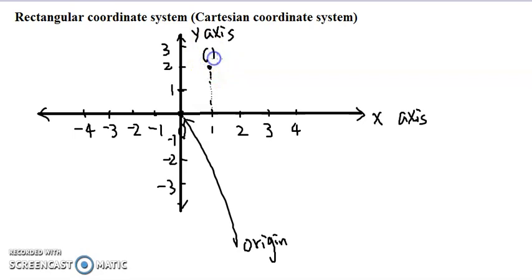And notice there is an order for this. We cannot switch them, because if you switch them, you get 2 and 1, and the first number always means the horizontal distance, the over. So this is an ordered pair, and the order does matter. When you change the first number and the second number, you will get a different spot, a different place.